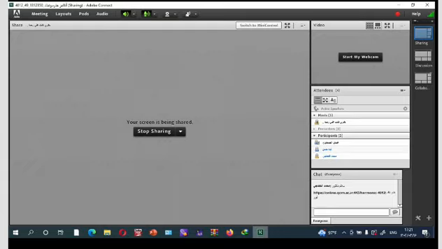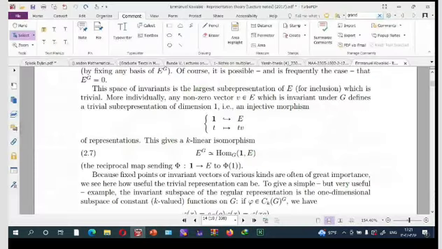So we have this example in our book. For any element of E^G, we have a homomorphism from K to E. In our book, K denoted by 1, okay?